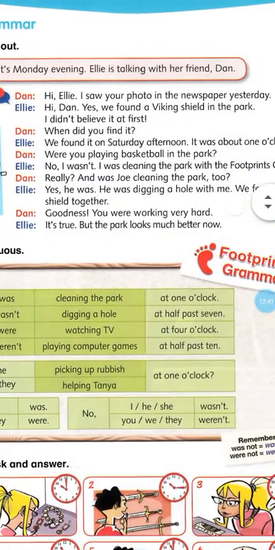This action happened in the past and ended in the past, so we used the past verb form of the verb see, which is irregular, which is saw.